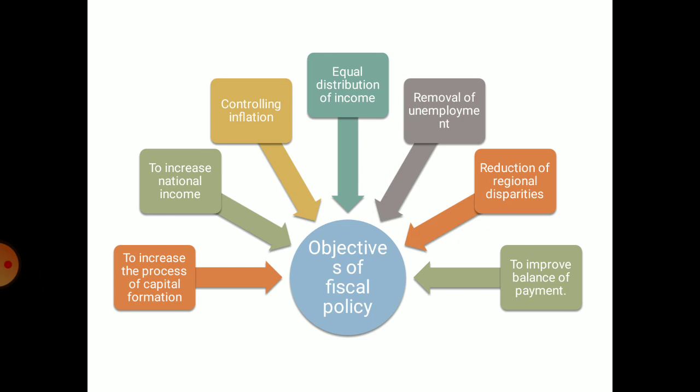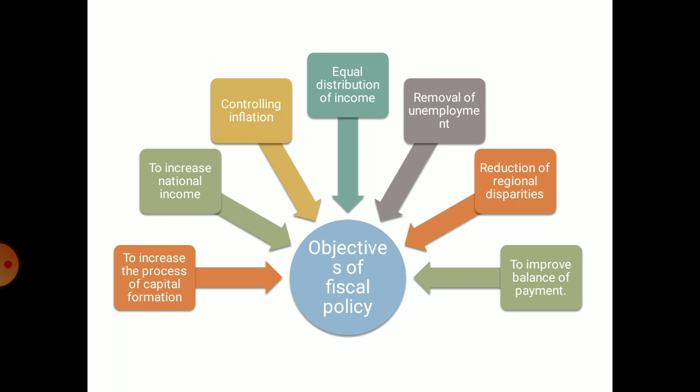So keeping an economy in a middle way, where no inflation is there and no recession is there, two policies are there in the hands of government: one, monetary policy, and second, fiscal policy. In our syllabus we need to focus on fiscal policy. What is fiscal policy?